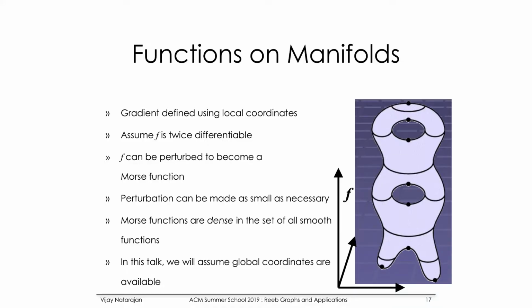Okay. So we want to define functions on manifolds, right? So the question you may want to ask is, how do I define gradients? This is a tricky question. So there are formal ways to do this. We will assume some kind of global coordinates so that I can define gradients. But usually they are defined using something called local coordinates.